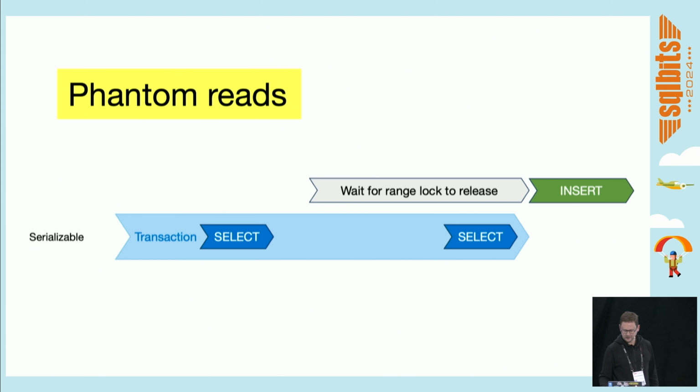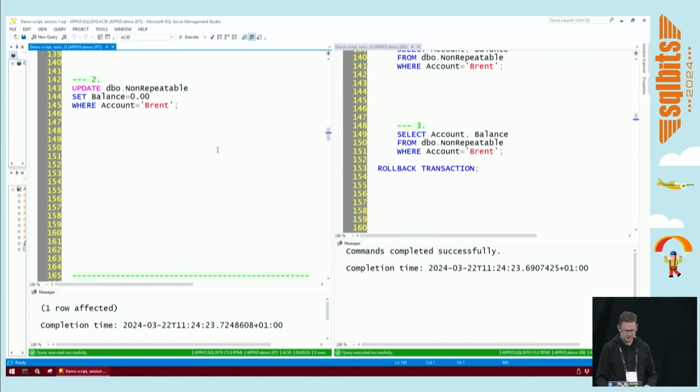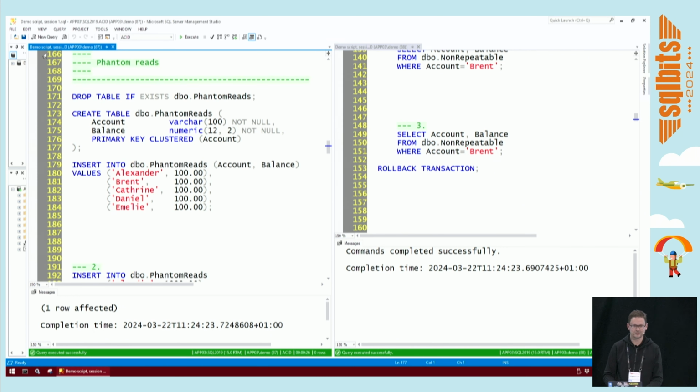So if I select data, if you try to insert data somewhere in that range of data that I've selected, serializable isolation level will place a range lock between two keys, two rows, and say nothing must change between these two rows, which is kind of weird when you think of it, but it makes sense. And the effect is that the insert will be blocked and wait for the transaction to commit. If that makes no sense, I hope it will after you see the demo.